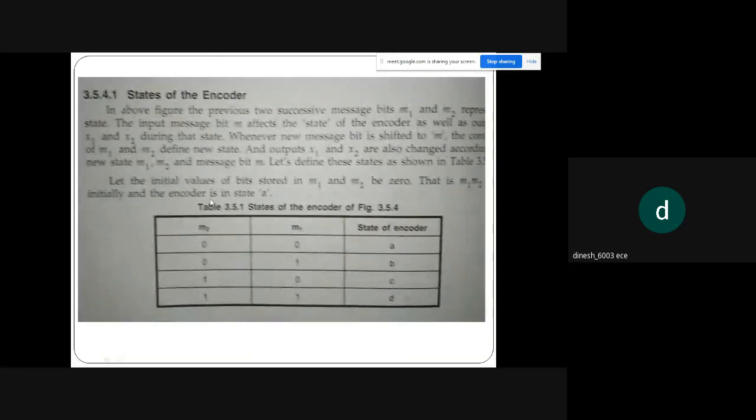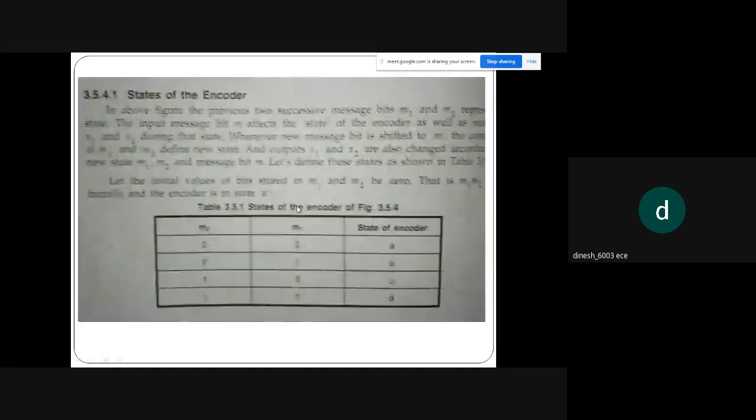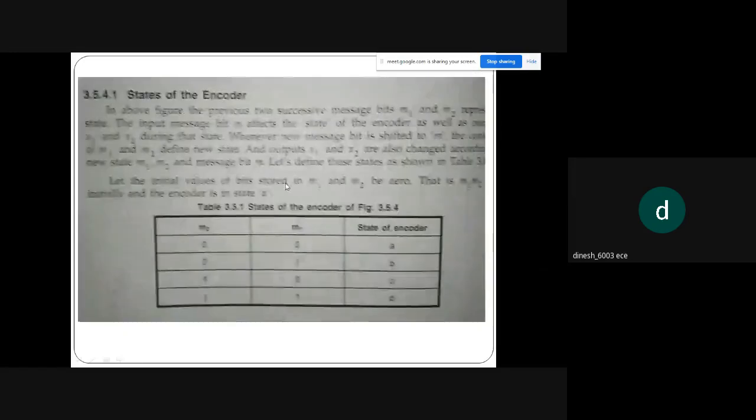Initially, you can see that the values stored in m1 and m2 in this diagram are always 00. So now I am sending the first bit to this block diagram.